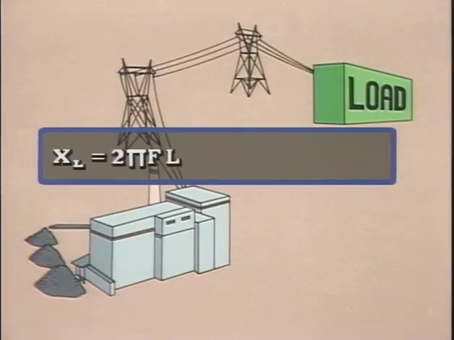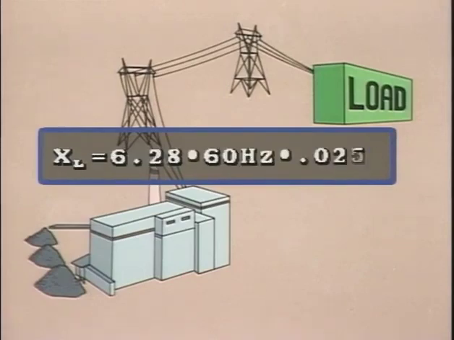X sub L equals 2 pi times F times L. Substituting in the values, the equation now reads X sub L equals 2 times 3.14, or 6.28, times frequency, 60 hertz, times inductance, 25 millihenries, or 0.025 henries.